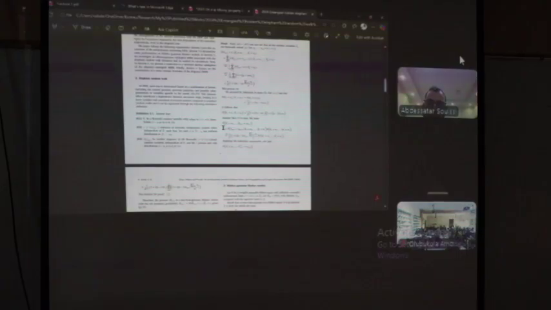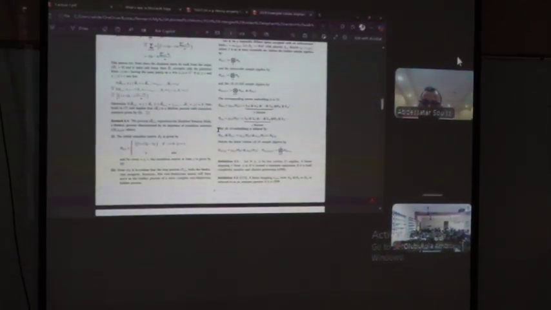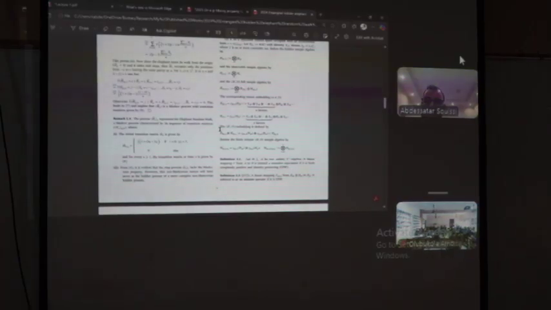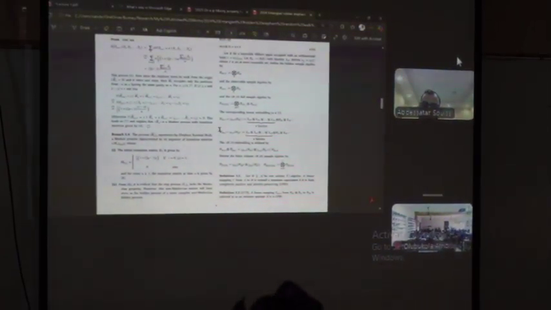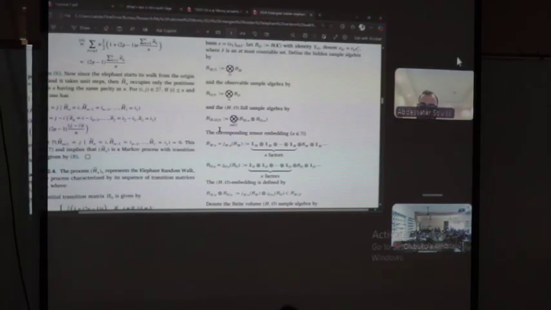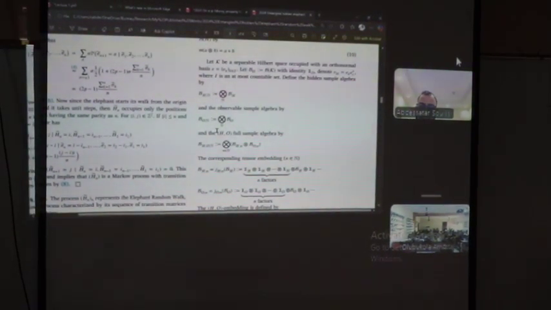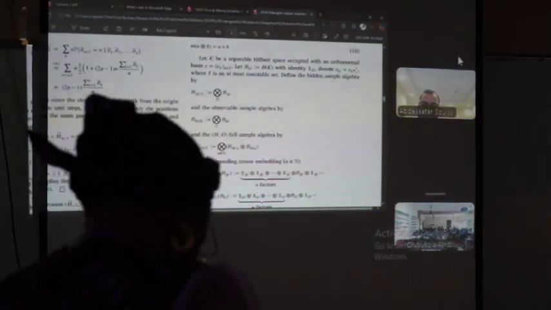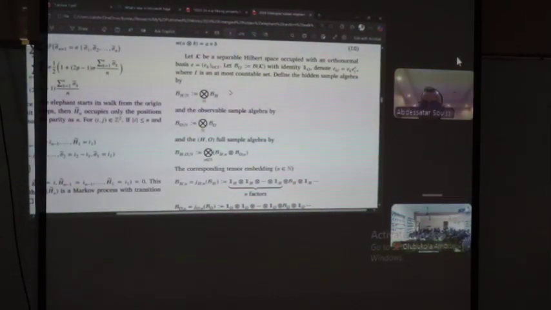Then we define the associated quantum Markov chain, which is in this case entangled. What's really important in this construction is that it's defined as the structure of an entangled Markov chain. The model is defined as a process for which we have a couple of systems, a hidden system and an observation system.